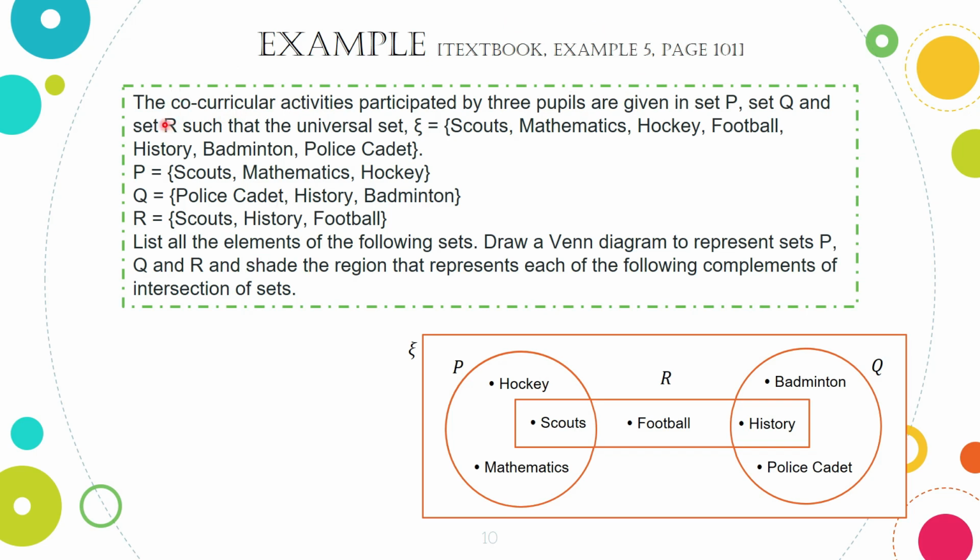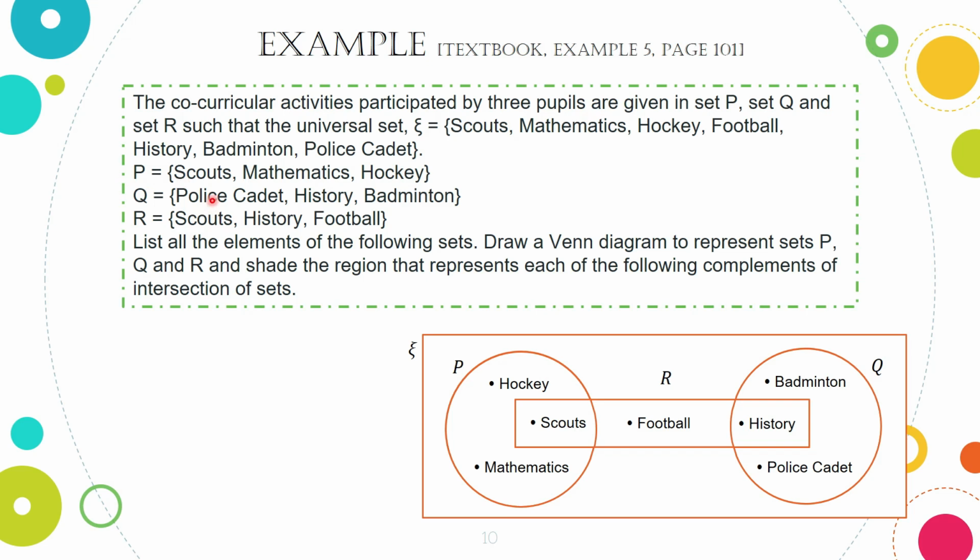The statement says the co-curricular activities participated in by 3 pupils are given in set P, set Q, and set R, such that the elements of the universal set are Scouts, Mathematics, Hockey, Football, History, Badminton, Police, Cadet. Set P is Scouts, Mathematics, and Hockey.